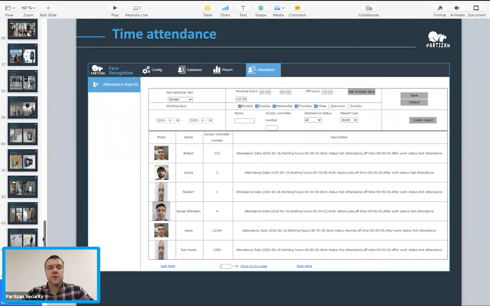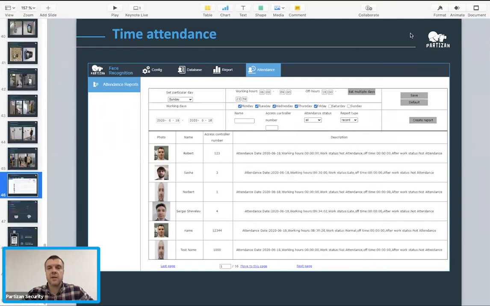So if we speak about the time attendance possibilities in these devices, it looks like that. You will have people, you will have to choose some days or working times and everything like that. So basically, the difference of this device's time attendance from the classic time attendance is the following. You have to set some rules, and this device will bring you some results.